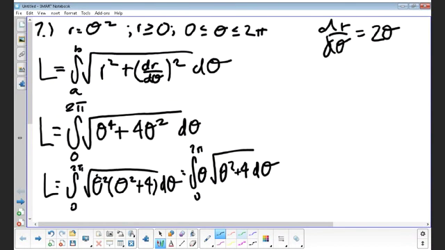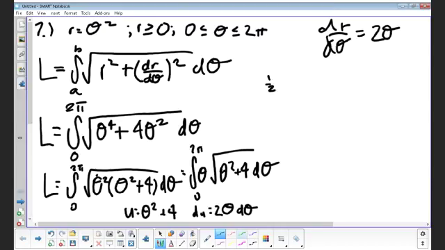And our experience will tell us that this is just a u sub. We have u is theta squared plus 4, du is equal to 2 theta d theta. So we'll pull a 1/2 out here.